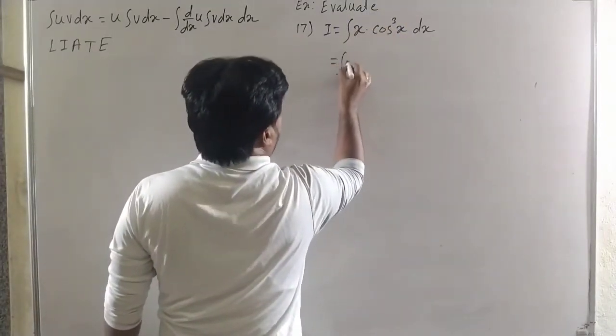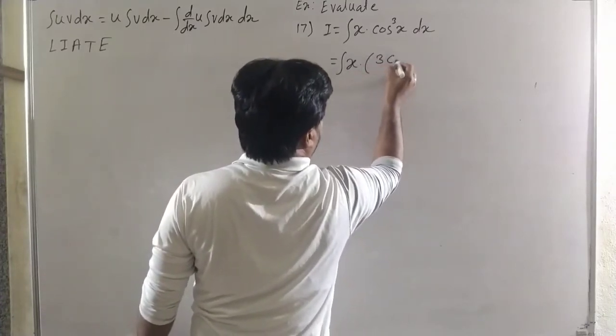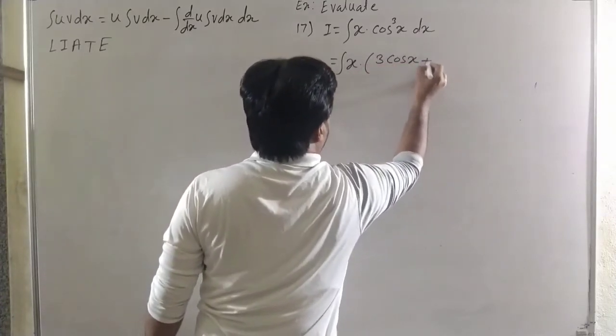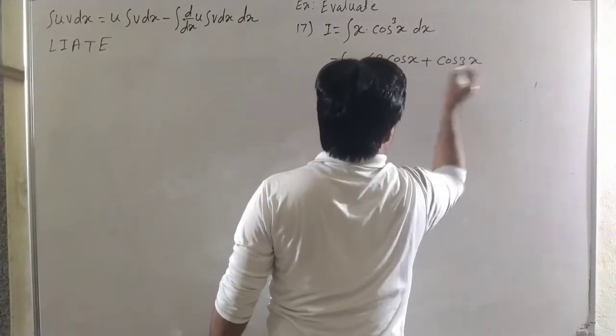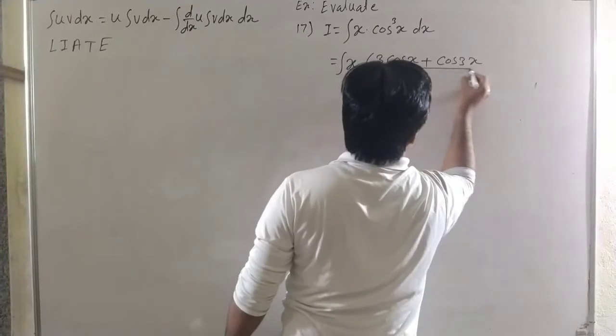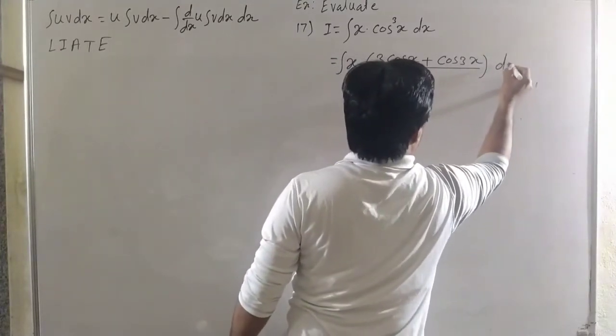Therefore it is integral of x into (3 cos x plus cos 3x) upon 4 dx.